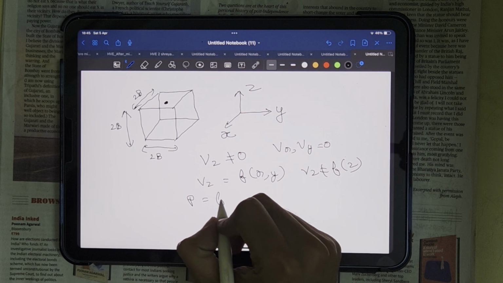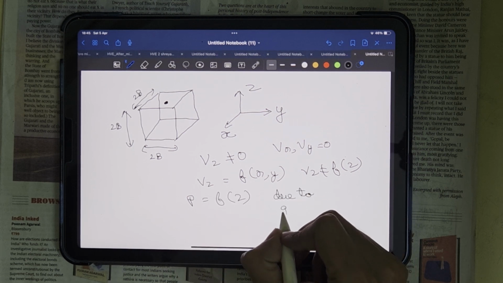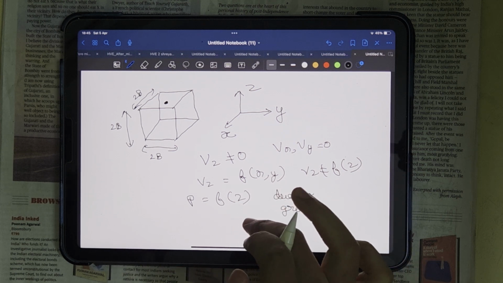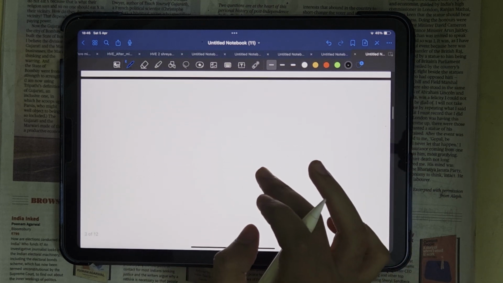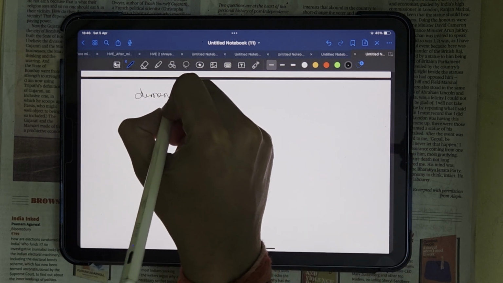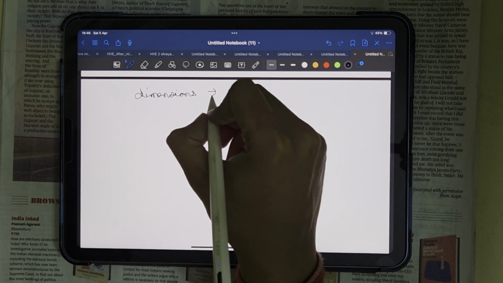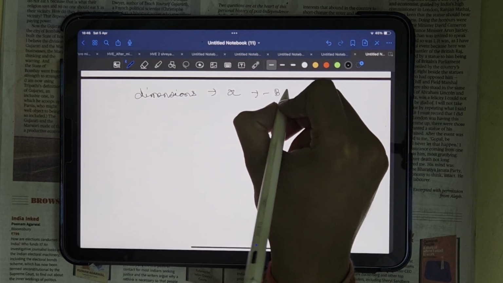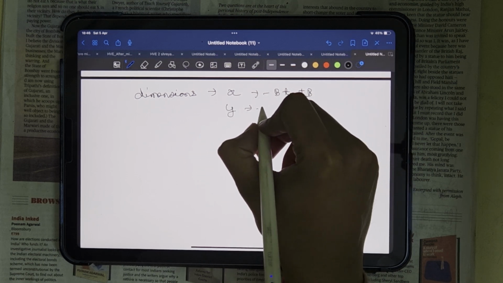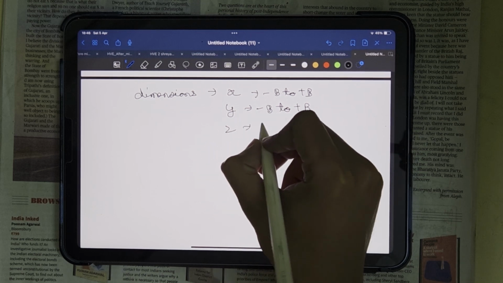Pressure will be a function of z direction due to gravity. We specify the dimensions: in x it would be from minus b to plus b, in y it would be minus b to plus b again, and in z it would be 0 to L.